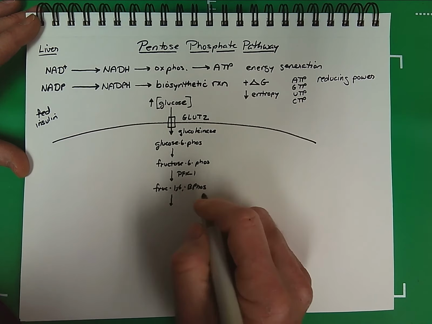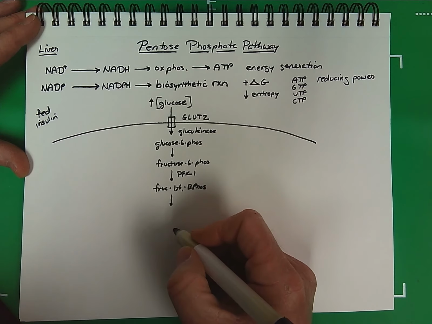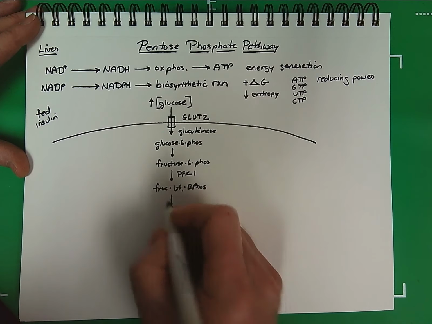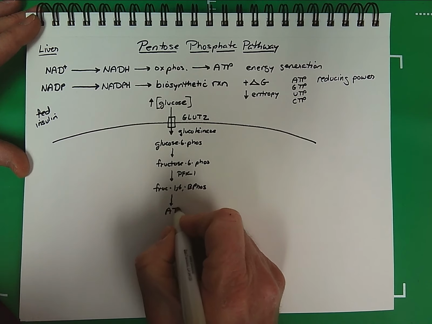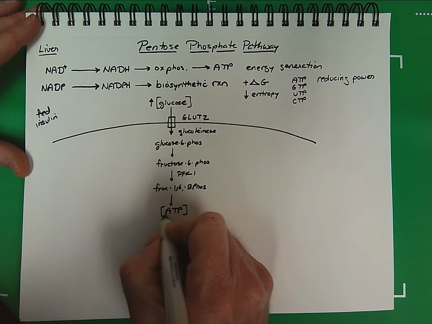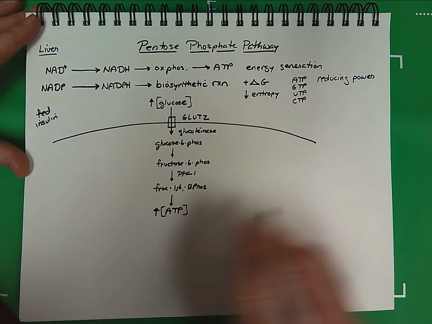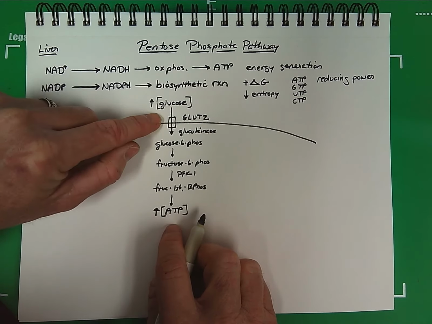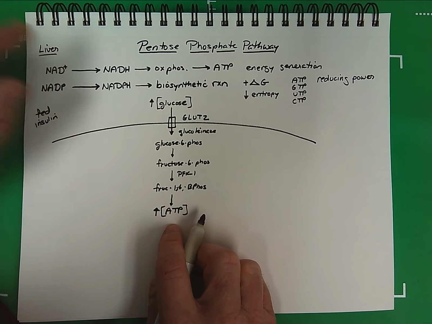Once this continues down, we continue down through glycolysis, TCA cycle, oxidative phosphorylation, and the end result is to generate large amounts of ATP, especially in the fed state when we have a lot of resources available.